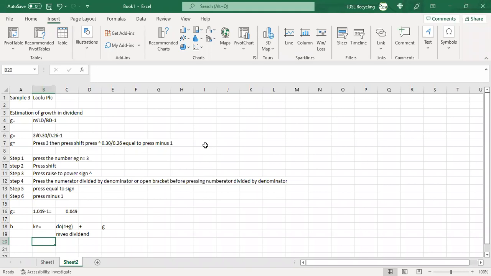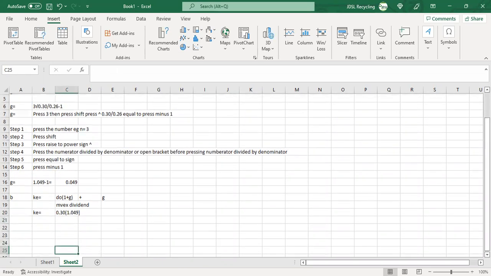The current dividend given to us is 30 kobo. KE will now be equal to 0.30 into bracket 1.049, that is 1 plus 0.049. That gives us 1.049 divided by the market value of equity, ex dividend.